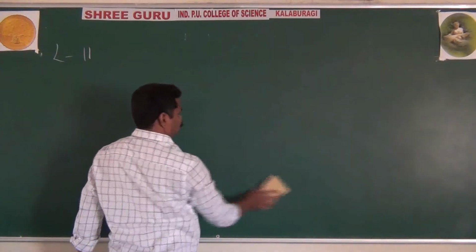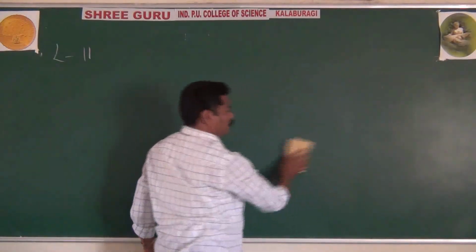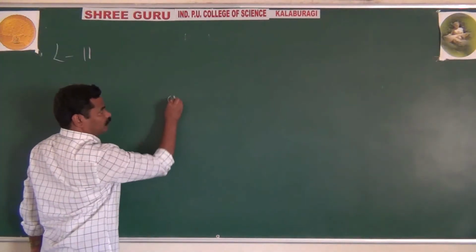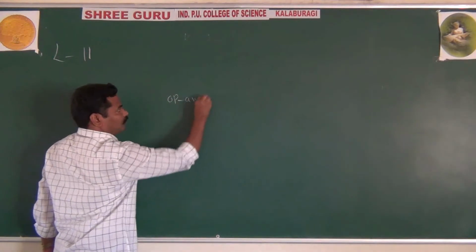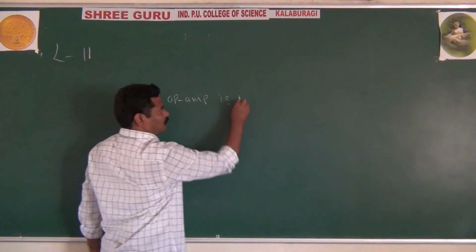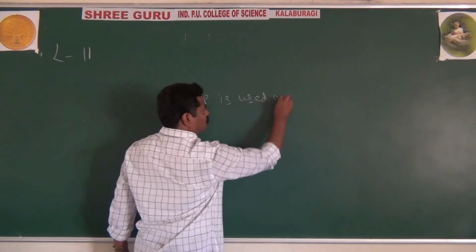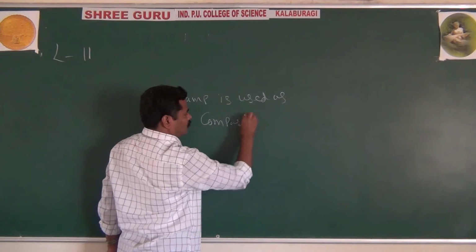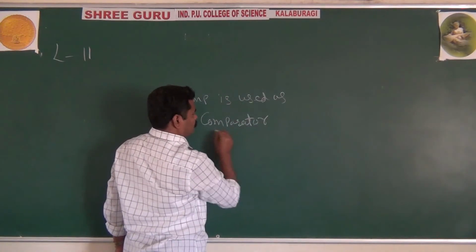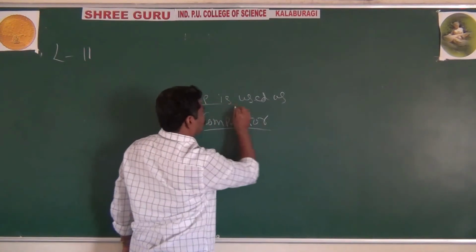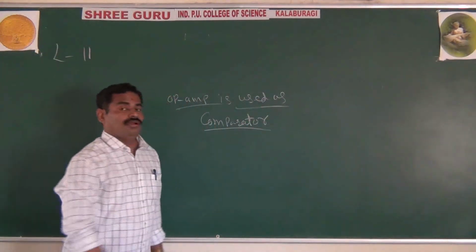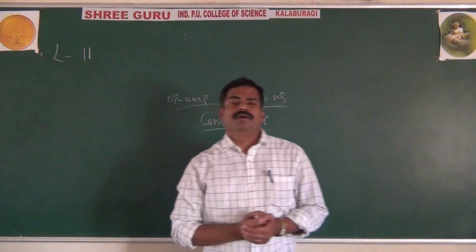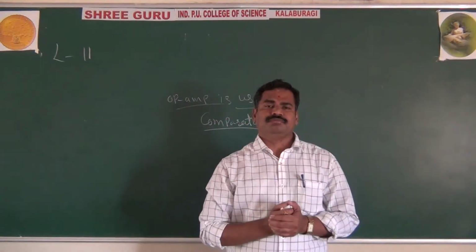It is so important in your op amp. I can write: op amp is used as a comparator. Look here, it is a very important concept in operational amplifiers, and you already studied the basics.